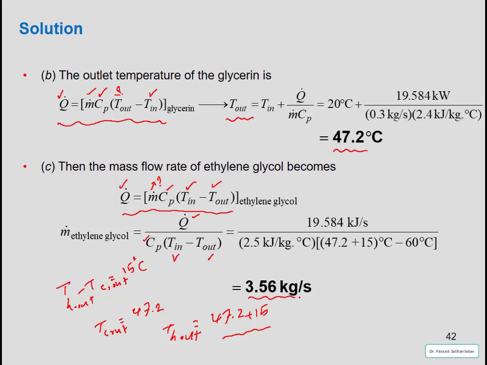What we are interested in is its amount, and here is the mass flow rate, which is 3.56 kg per second. If we put here 60 minus this value, this will be negative, which is not acceptable, so we are only interested in its absolute value of the rate of heat transfer. So the mass flow rate for the ethylene glycol, or hot fluid, is 3.56 kg per second.